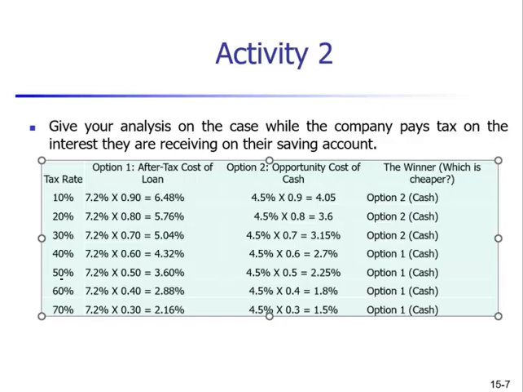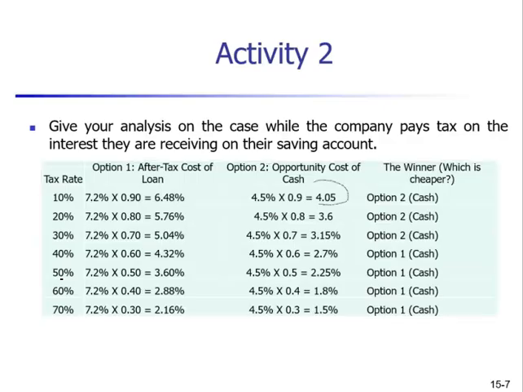Because when you pay in cash, you lose 4.05%. And when the tax is 30%, you lose 3.15%. That's the opportunity cost of paying in cash.